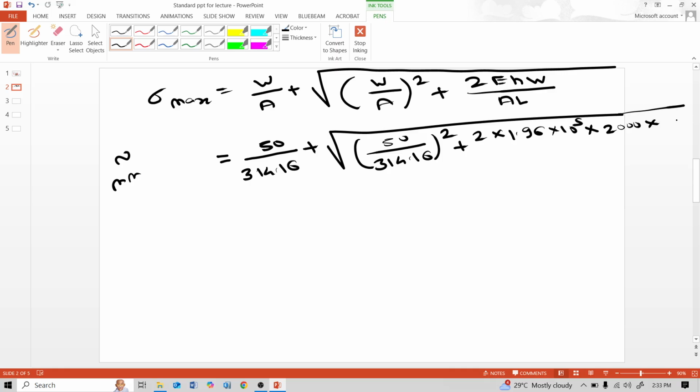And W is again 50, divided by area 314.16 multiplied by length, this 6000 mm.